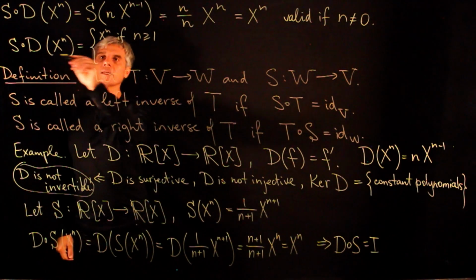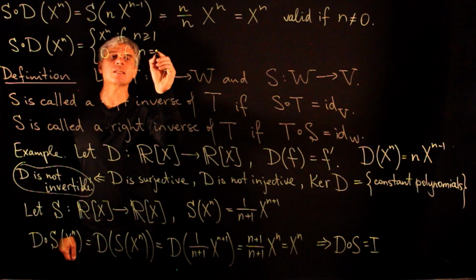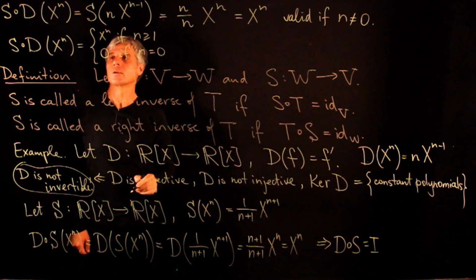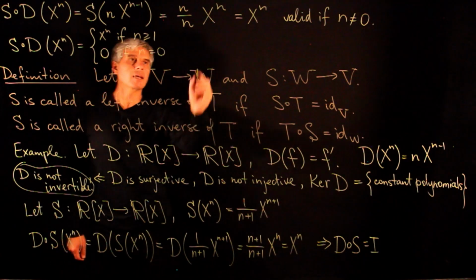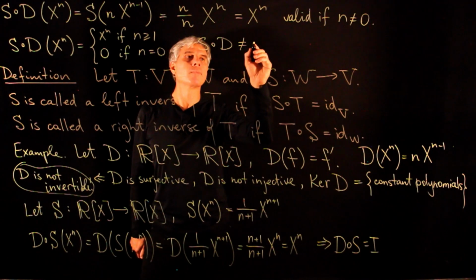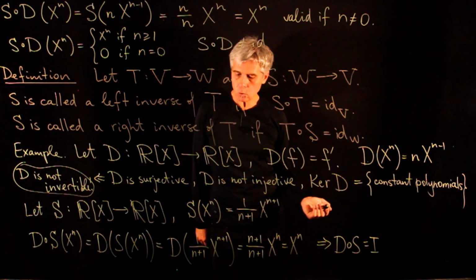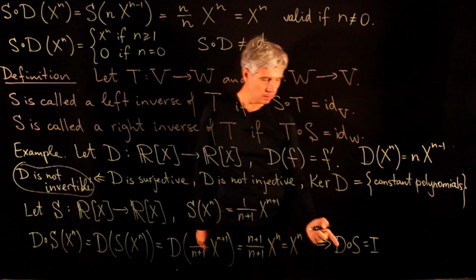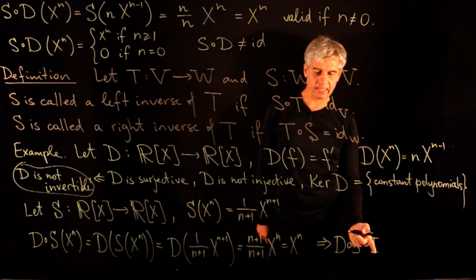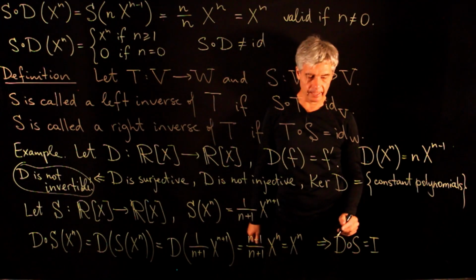So what we get is that this composition is 0 if n is equal to 0. So this means that S composed with D is not equal to the identity transformation. And our conclusion here is that D composed with S is the identity, but S composed with D is not the identity.